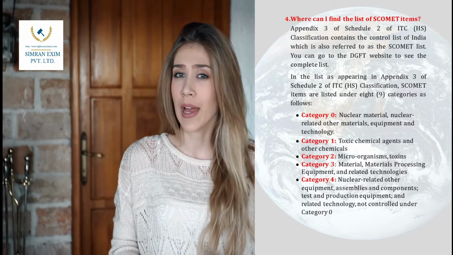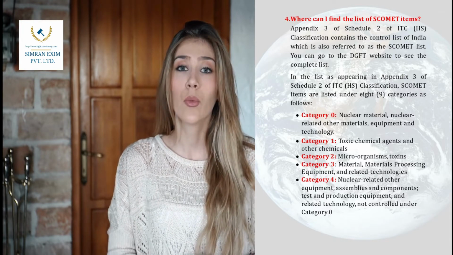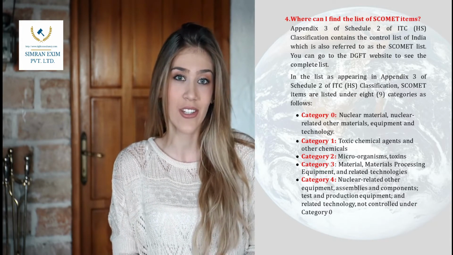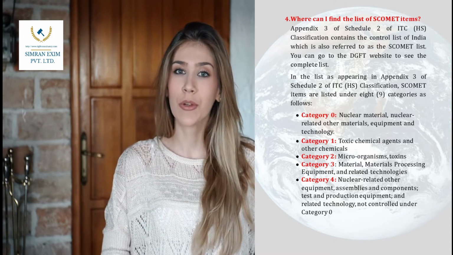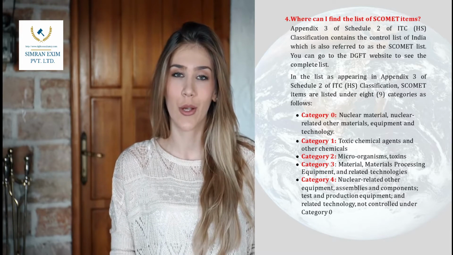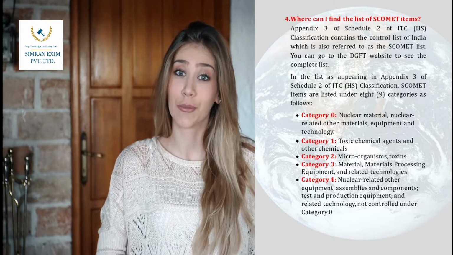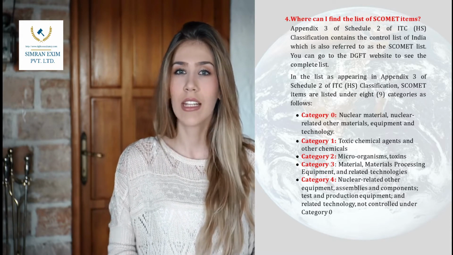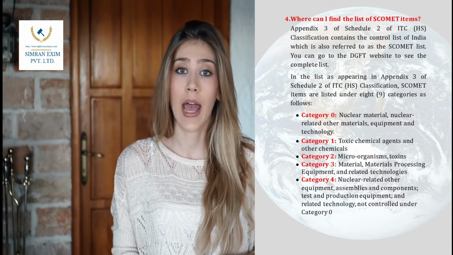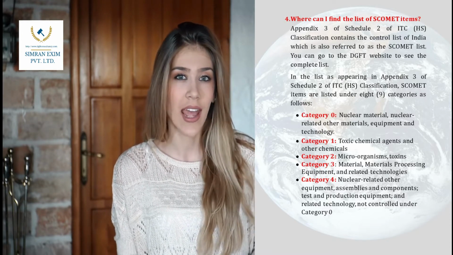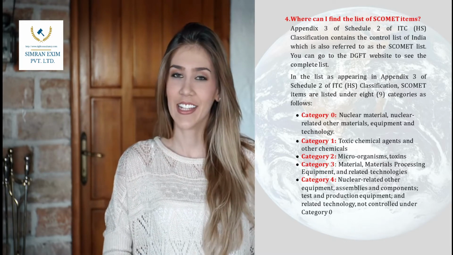In the list as appearing in Appendix 3 of Schedule 2 of ITC (HS) classification, SCOMET items are listed under 9 categories as follows. Category 0, Nuclear material, nuclear-related other materials, equipment and technology. Category 1, Toxic chemical agents and other chemicals.